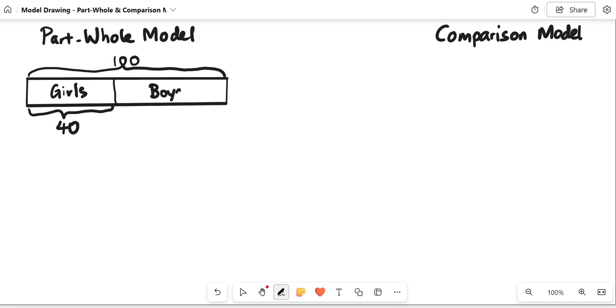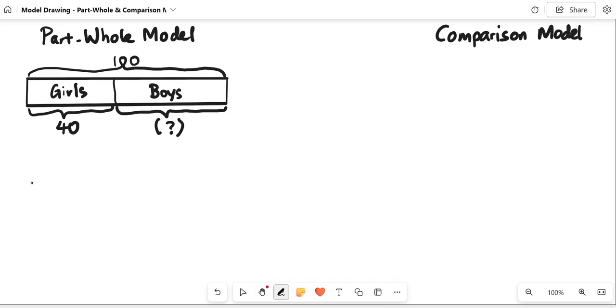How many boys are there in the hall? So the question mark is to find the other part, which is the boys, right? And we have to do 100 minus 40. So we are given the whole and we are given one part to find the other part. So this is one kind of part whole model.